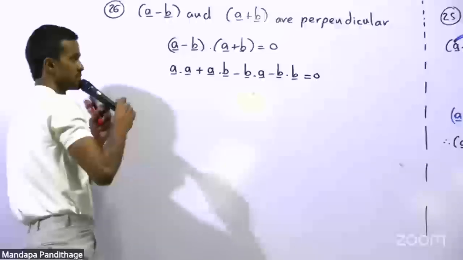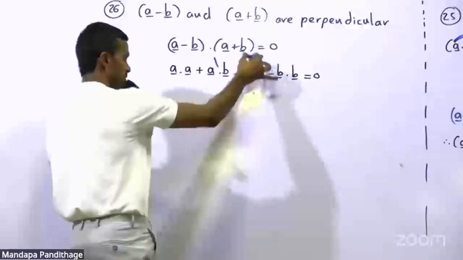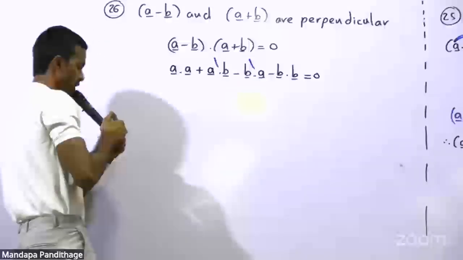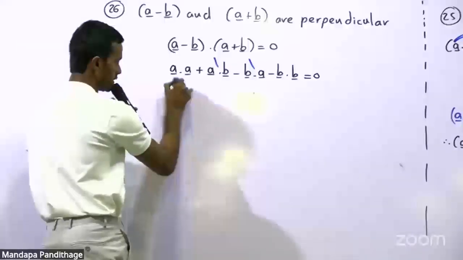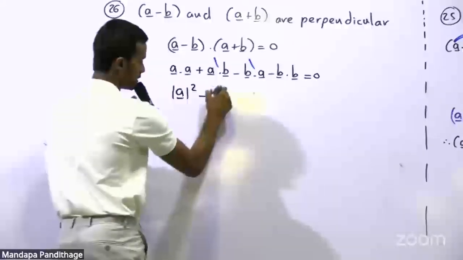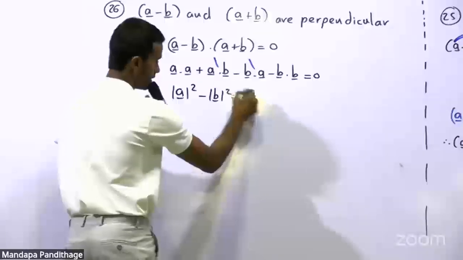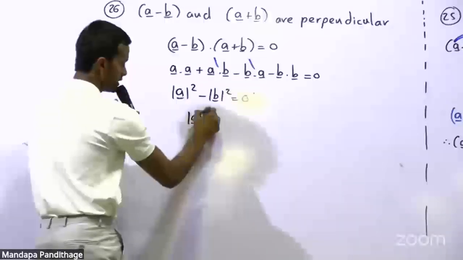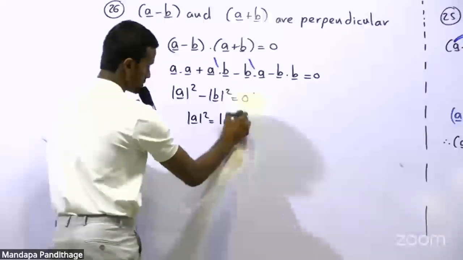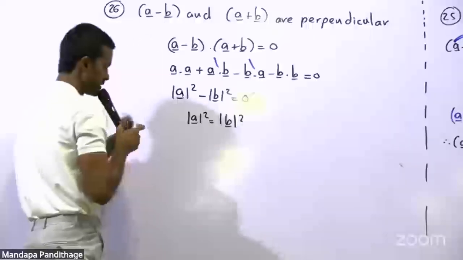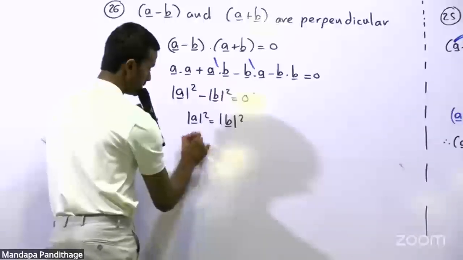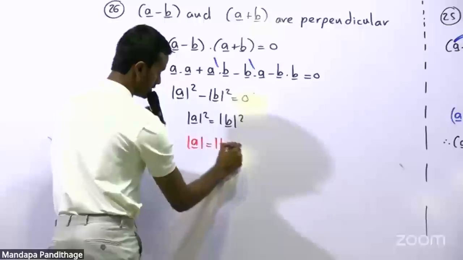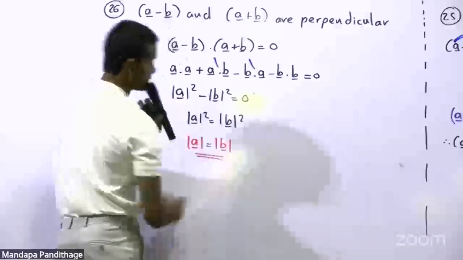Commutative, so A dot B and B dot A are the same. Now A dot A is modulus A squared, minus modulus B squared. And then you have modulus A squared is equal to modulus B squared, which means modulus A is equal to modulus B.